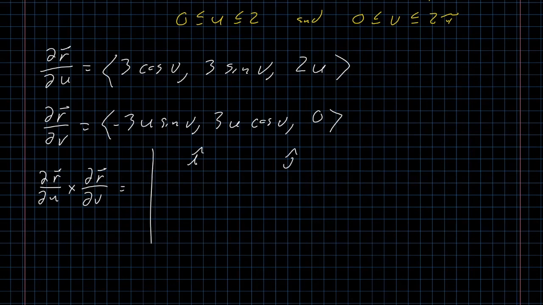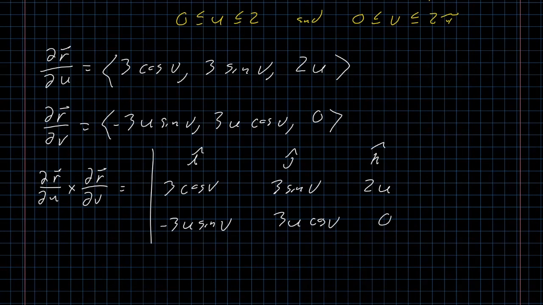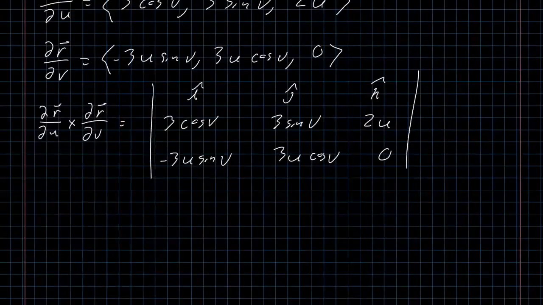We have i, j, k across the top row, the components of the partial with respect to u, 3 cosine v, 3 sine v, 2u, and the components of the partial with respect to v, negative 3u sine v, 3u cosine v, and 0. And then we use cofactor expansion.